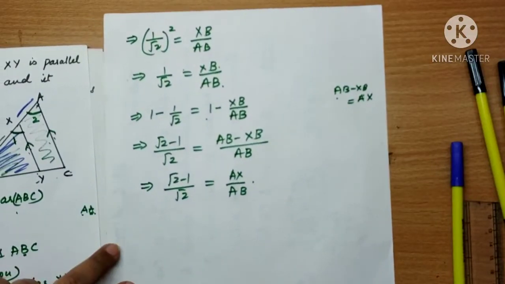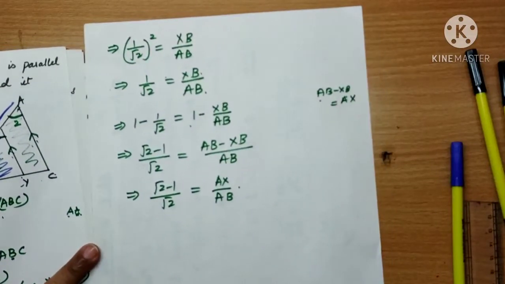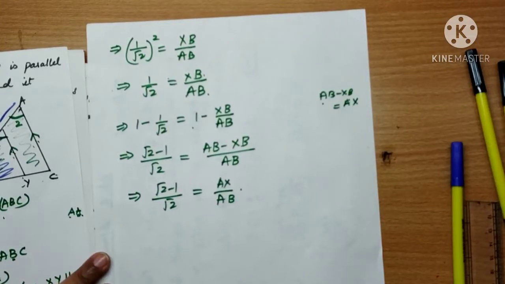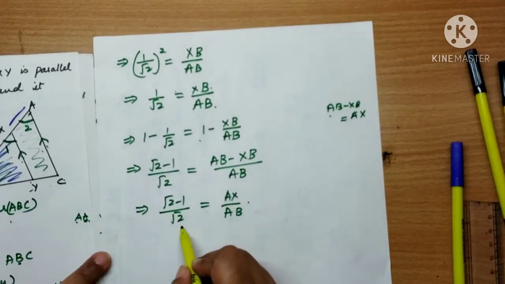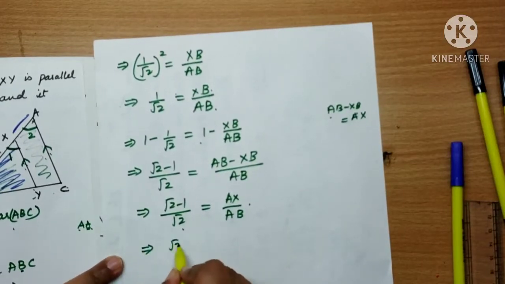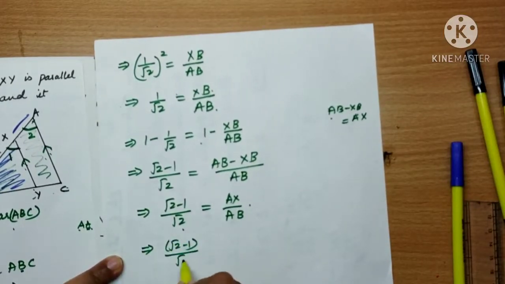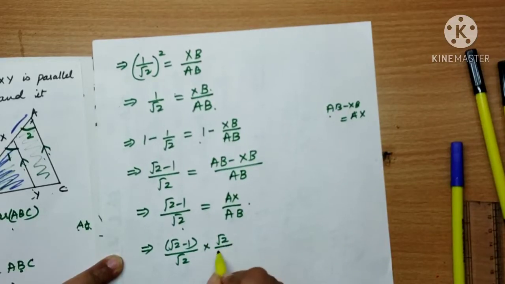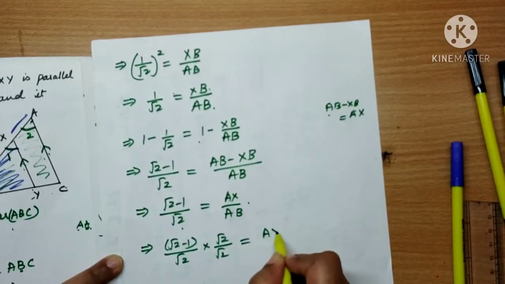But the rule of maths is that we never leave the answer with the denominator irrational. So I need to first rationalize the denominator. So root 2 minus 1 by root 2, and the rationalizing factor will be root 2. So let us multiply this by root 2.